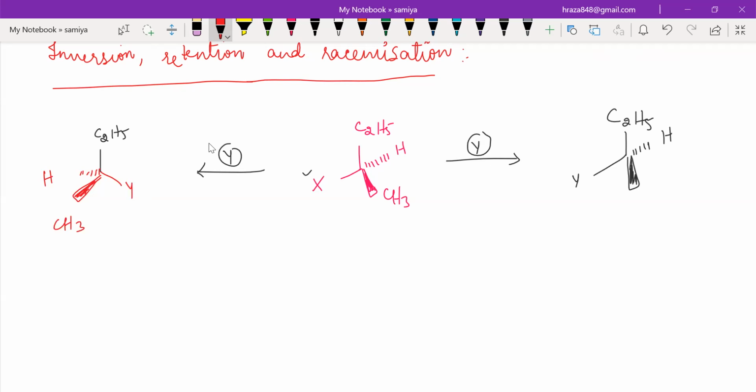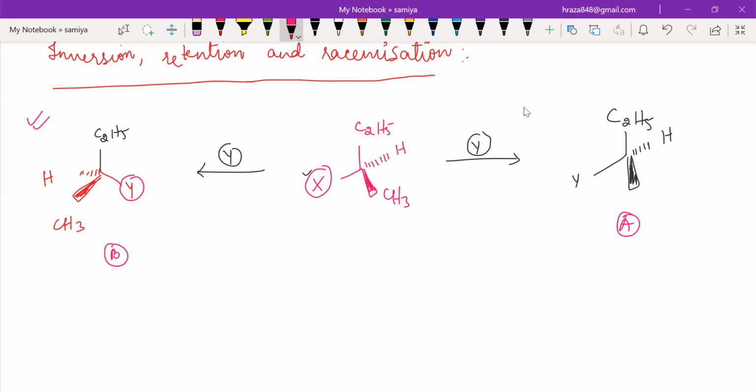So can you see the left side of the reaction? X was on the left hand side, but after reaction, Y replaced X and it is on the right hand side. Are you getting my point? This is our A and this is our B. This B is called inversion when it arranges itself after reaction opposite to the reactant.